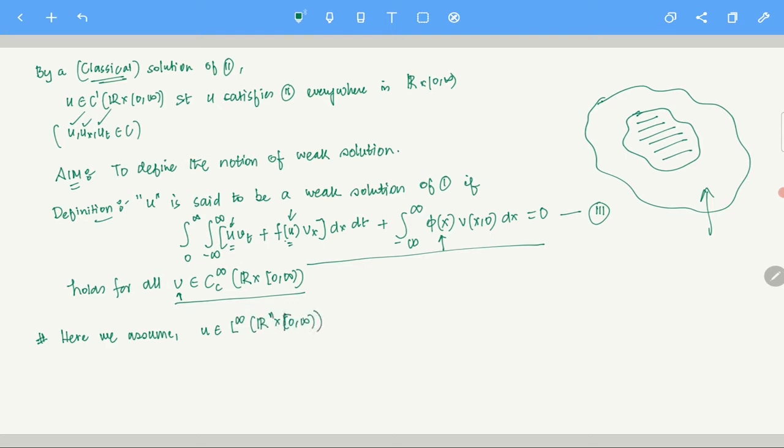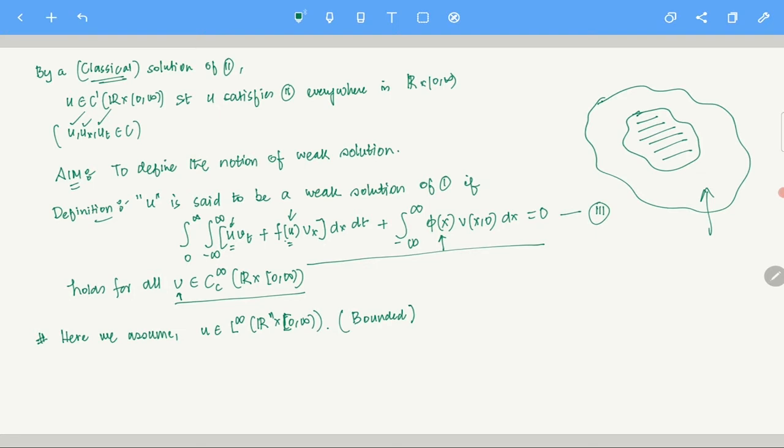What do I mean by this? It means that it is a bounded function. If you do not know measure theory, then just think of this as bounded functions in R^n cross (0, infinity).